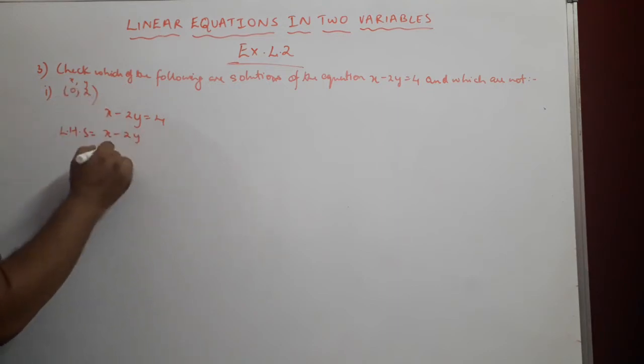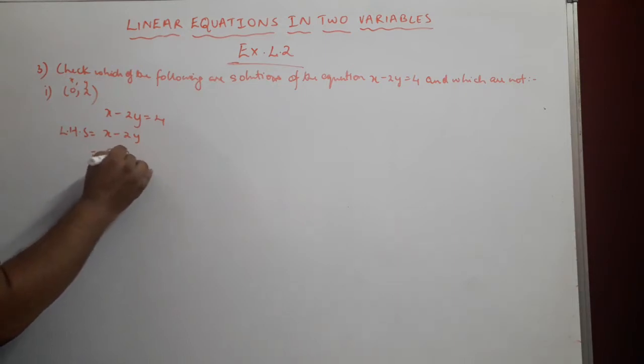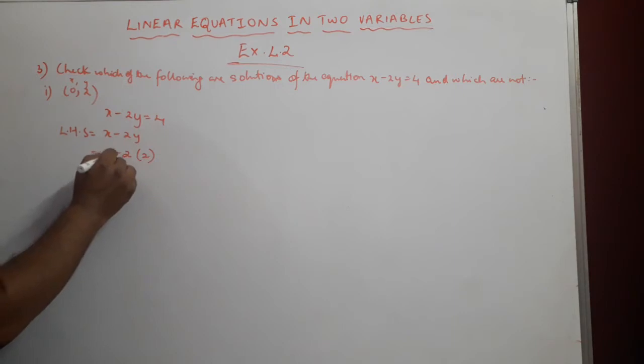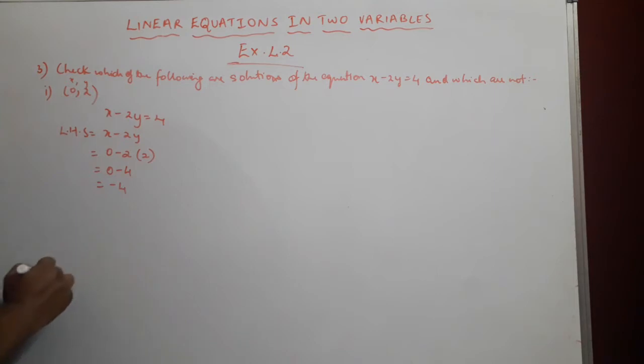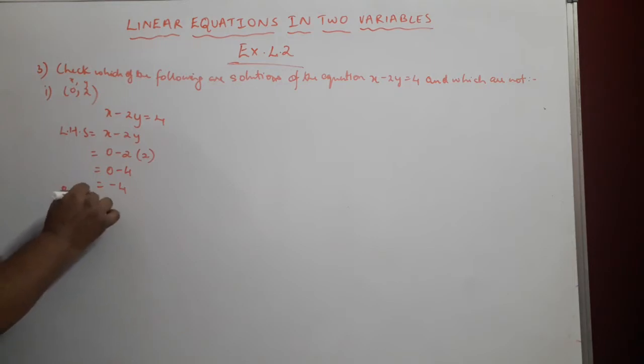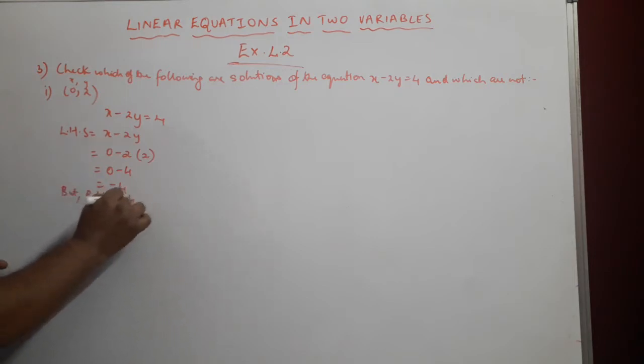And in place of x, we'll put the value which is given here. x will be equal to 0, so 0 minus 2. Instead of y, we put 2, and we get 0 minus 2 into 2. Since there is a minus sign, the minus will come over here. And 2 into 2 is 4, which means we get this equal to minus 4. But RHS is equal to 4.